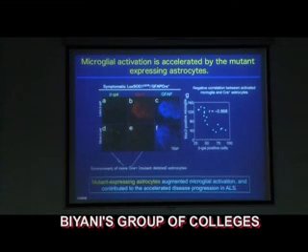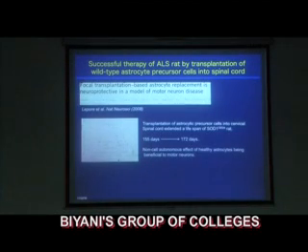That really indicates the mutant-expressing astrocytes augmented microglial activation, and then contribute to accelerating disease progression in the ALS model. The group from Johns Hopkins University transplanted wild-type astrocyte precursor cells in an ALS transgenic rat model and reached the same conclusion. They slowed disease progression.